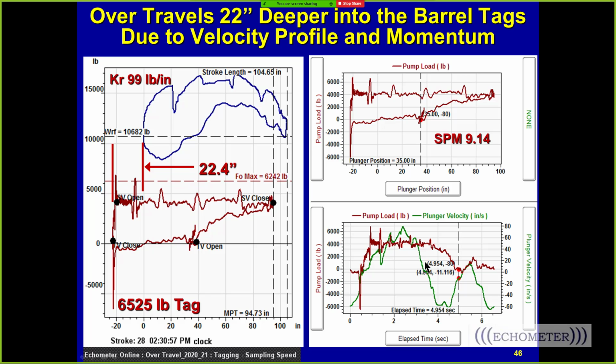The velocity of the rods tends to be faster, higher velocity, when it's compressing gas, and the traveling valve is still closed. So right from here to here, the traveling valve's closed, and there's more load on the rods from the pump, and so the pump tends to go faster right here, and that tends to change the position of the plunger inside the barrel.